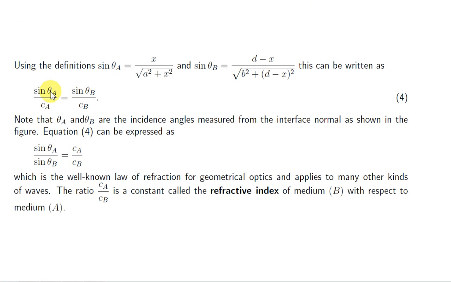If we rearrange this equation here, we get sine theta A over sine theta b equals CA over CB. So the sine of the angle of incidence divided by the sine of the angle of refraction is equal to the speed of light in the first medium, medium A, divided by the speed of light in the second medium. And this ratio of the speeds of light in the two mediums is the refractive index of the medium.